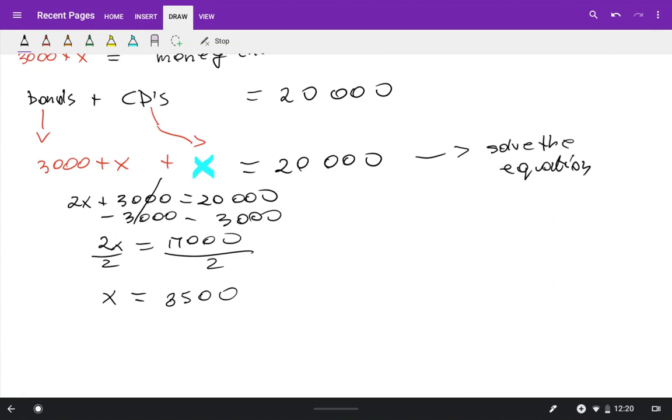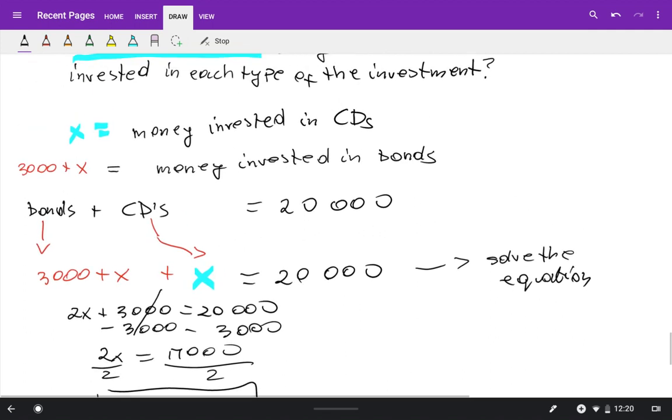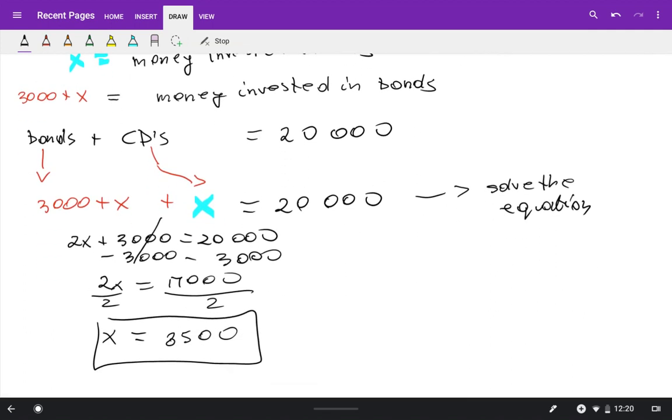So now that we found X, we go back: we called X the money invested in CDs, okay? So we invested 8,500 in CDs.